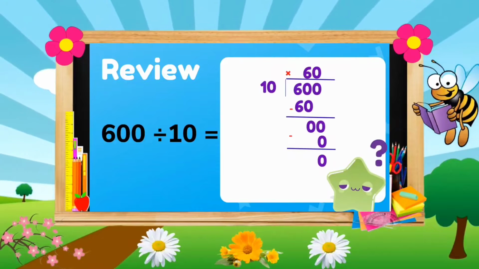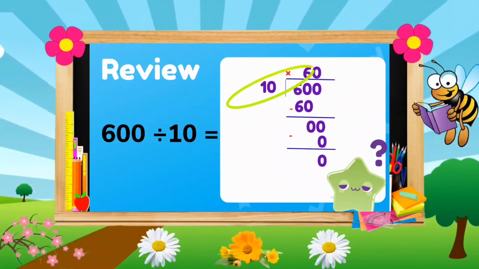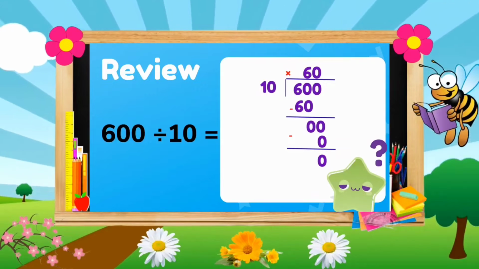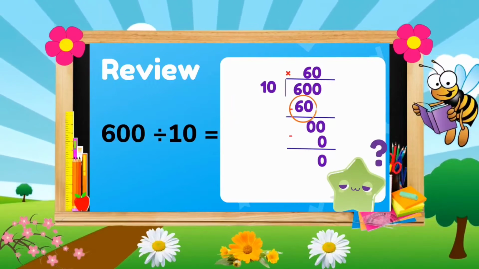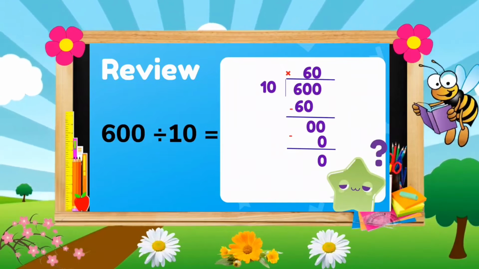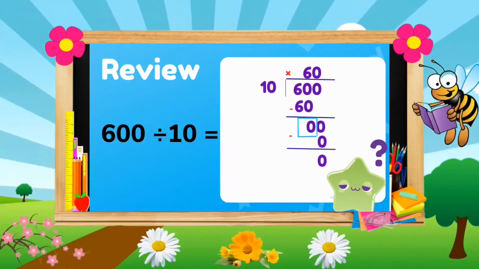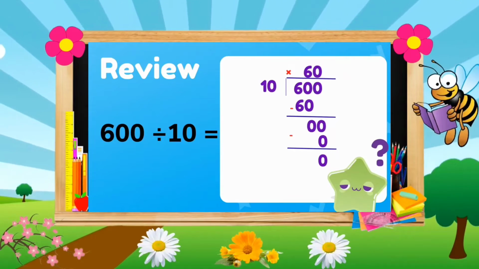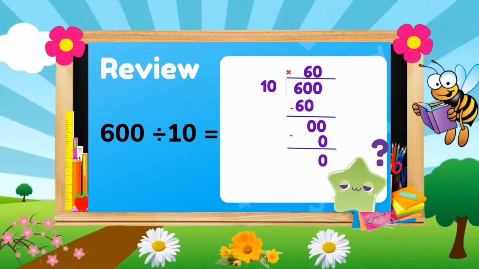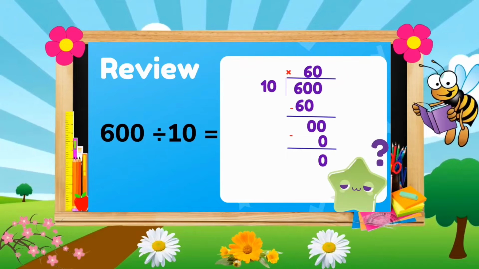Then multiply 6 by the divisor 10. So 6 times 10 is equal to 60. So we will write 60 below 60. So 60 minus 60 is equal to 0. Then bring down the next digit, which is 0. After we bring down the digit, we repeat the steps from 1 to 5 until there are no more digits to bring down.